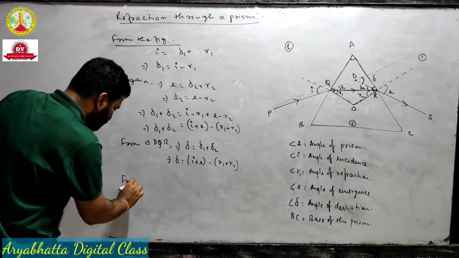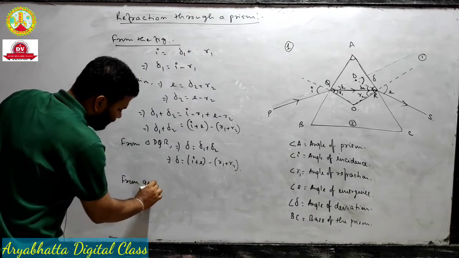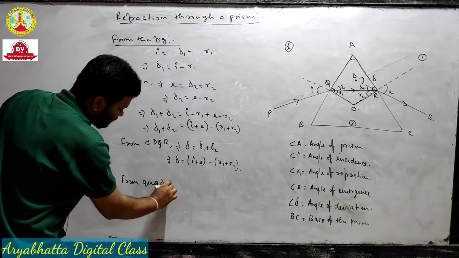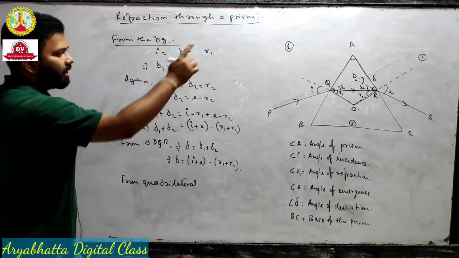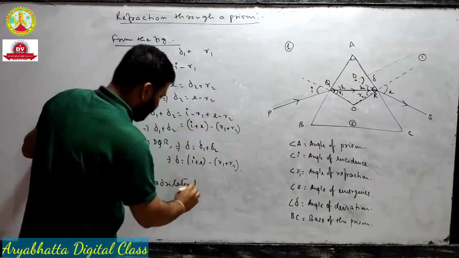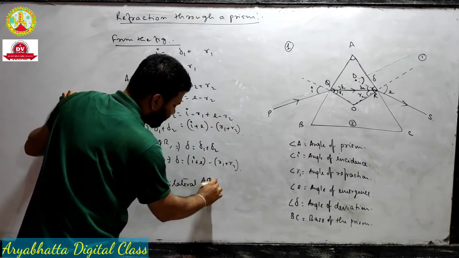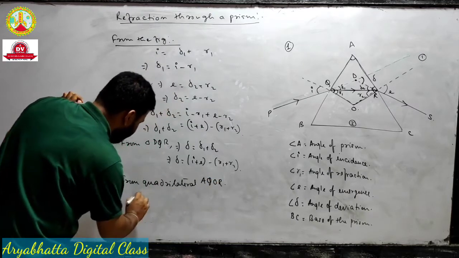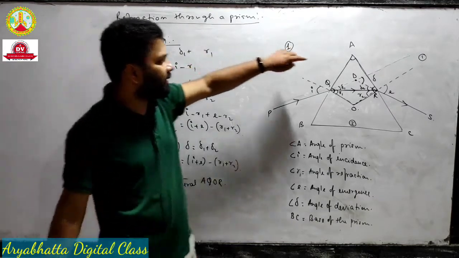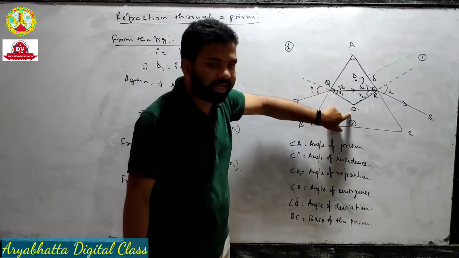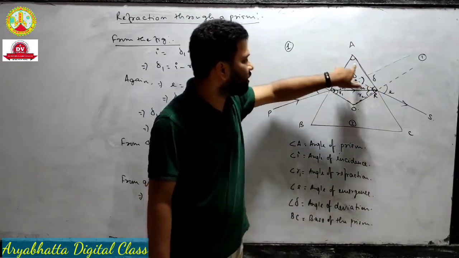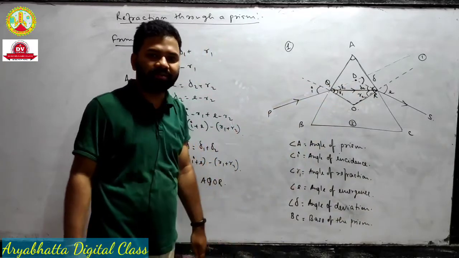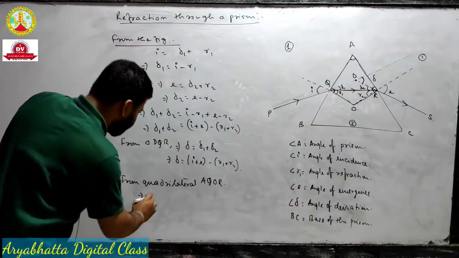From quadrilateral AQOR, angle A plus angle AQO plus angle QOR plus angle ORA will be equal to what? 360 degree.